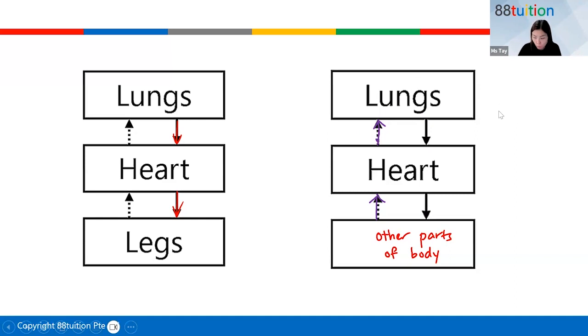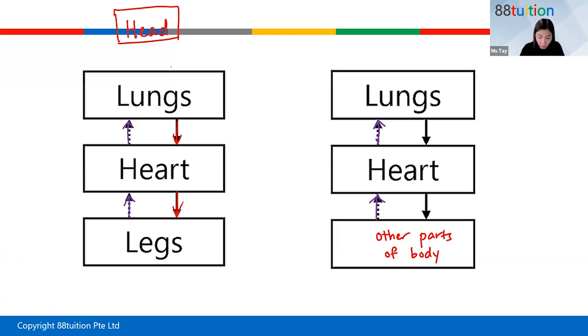Now this question asks you something else. If this is the direction of blood flow, comparing top to bottom, we have the lungs and the heart around the same level, then the lower level is the legs. Where will our head be? I can draw it here with a box. Correct?